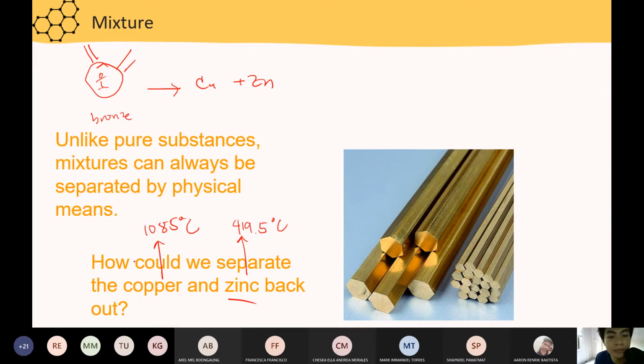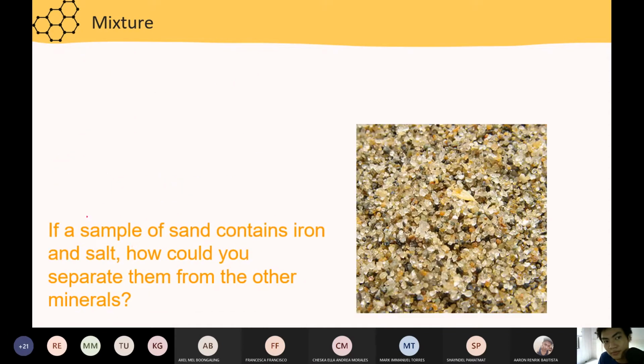You can melt the metals, okay? And for this example, you can separate them using magnets. What do we have here? This is sand containing iron and salt. How do we separate these? The sand, iron, and salt. The iron is easy to separate.